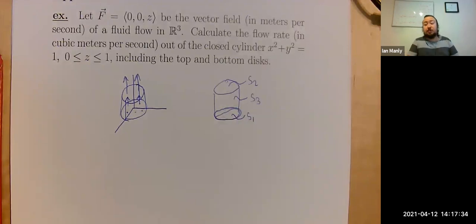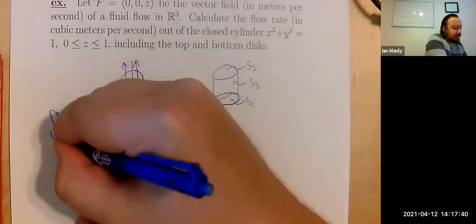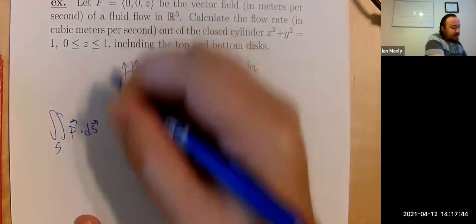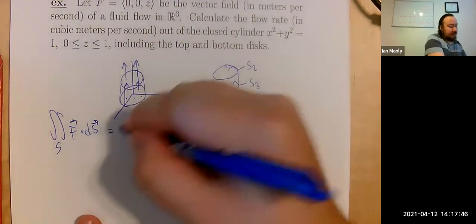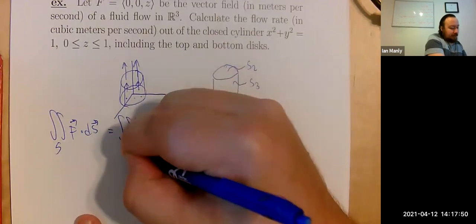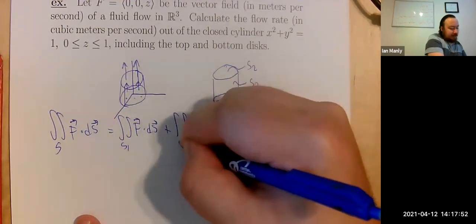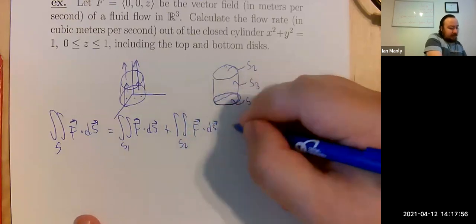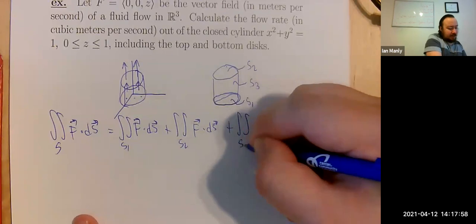So what we're going to do is compute the flux over each one of these surfaces separately. So we're going to do F dot dS over each one of these separately. This will be the flux over the first surface plus the flux over the second part of the surface, the top, and then we have the flux out the side.